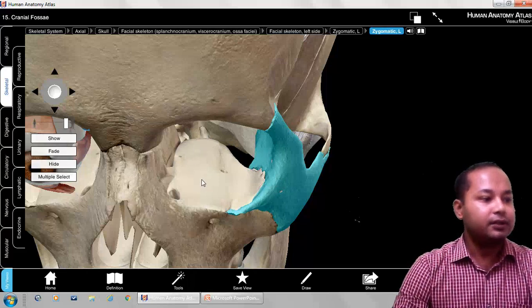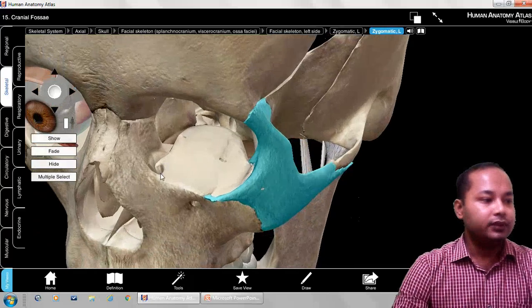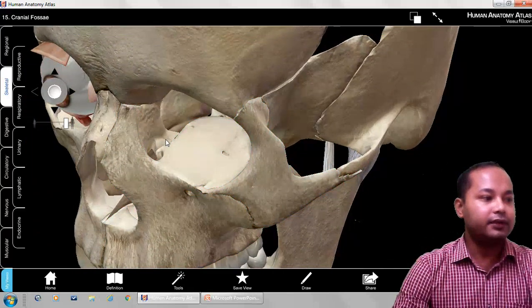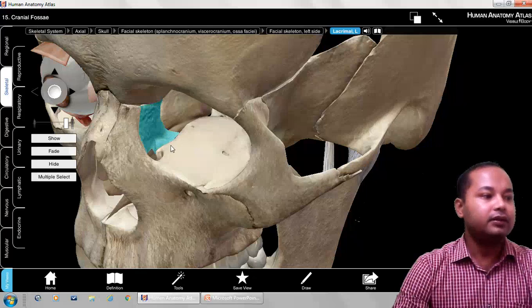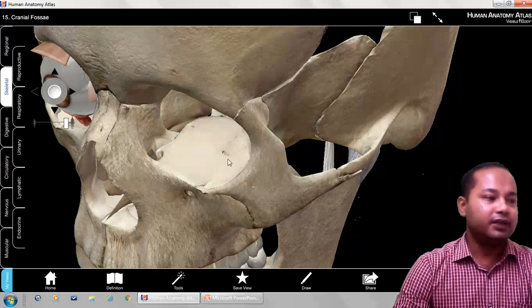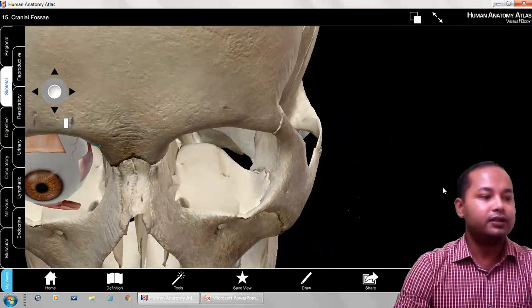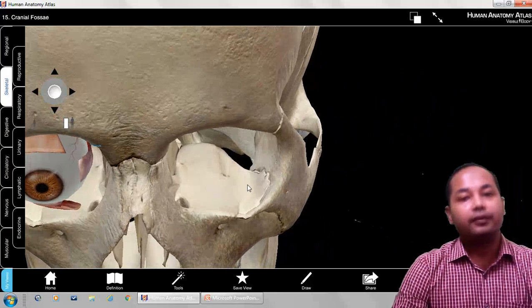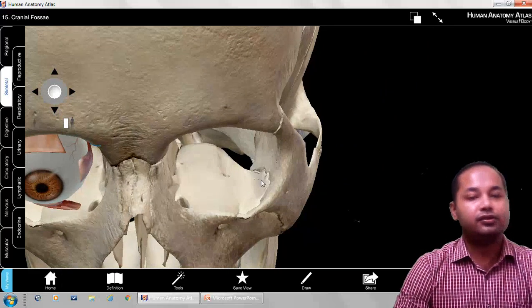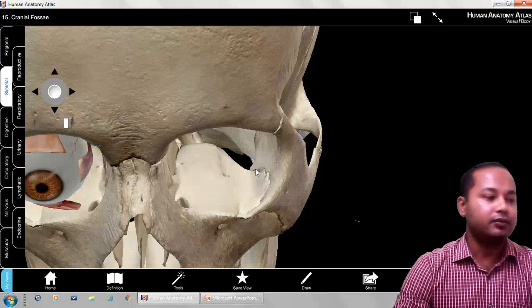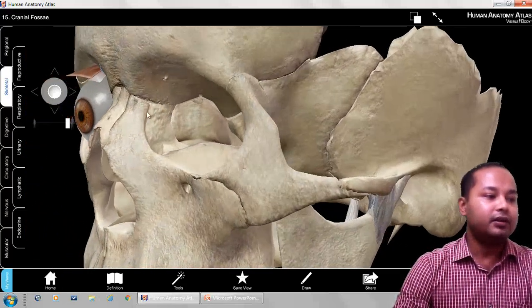Some part of it is also formed by the palatine. Some part is also formed by the lacrimal, which is more a constituent of the medial wall. But no need to go into that, just know that the floor is constituted of the zygomatic bone and the maxilla. Actually, the animation is not so proper sometimes, but still it is the zygomatic bone and the maxilla.